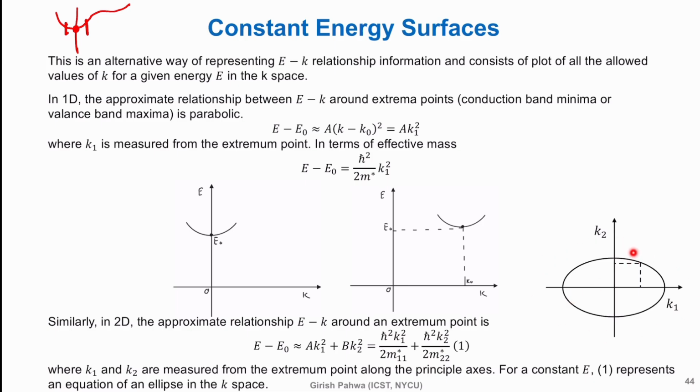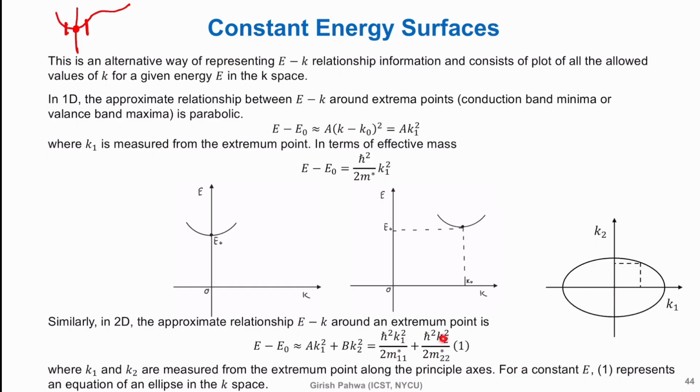The characteristic of an ellipse is that it has a longitudinal axis and a transverse axis. So K1 is along the longitudinal, K2 is along the transverse. It could have been that this would have been the longitudinal and this would have been transverse. It depends really upon the coefficients A and B, right? They decide which one is the major axis and which one is the minor axis of the ellipse.